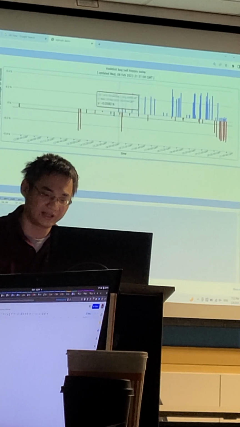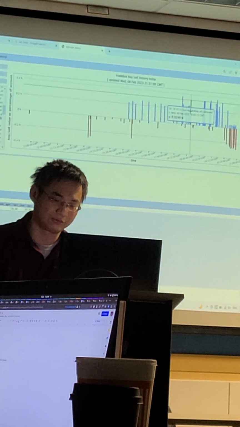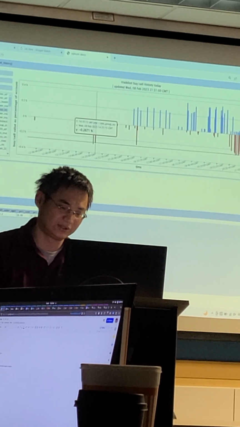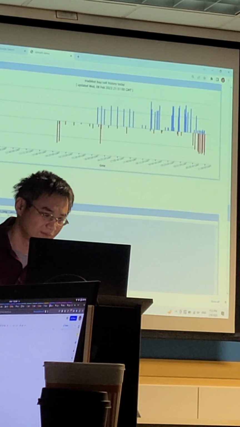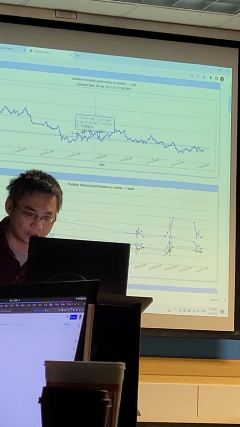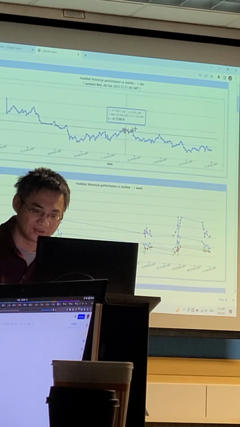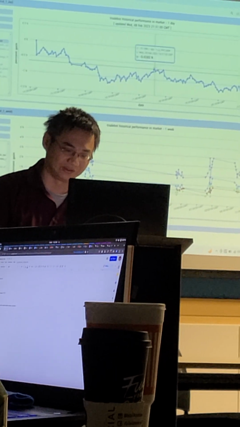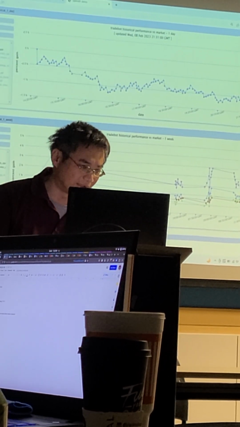Each of these blue lines represents a tick where the bot actually bought a stock, and each of these red lines represents a tick where it actually sold a stock. And then here, when it went back up again, this is where I would think the market is at a good time to start selling. So around here, you should see a bunch of red lines.